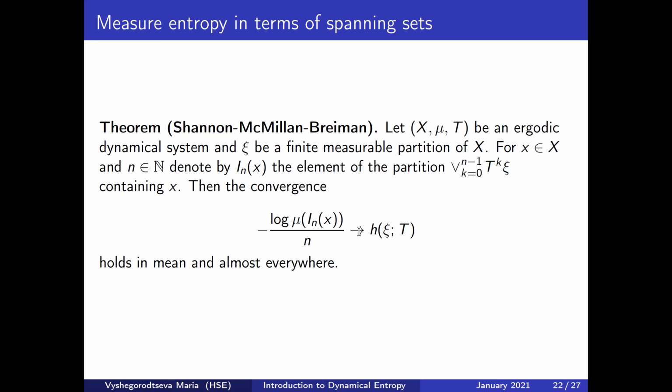This is a theorem of Shannon, McMillan, and Breiman, and it states that if we have an ergodic dynamical system and a finite measurable partition of X, then for any element x of X and a natural number n, we will denote by I_n(x) the element of the partition, the union of n minus 1 images of this partition, containing x.